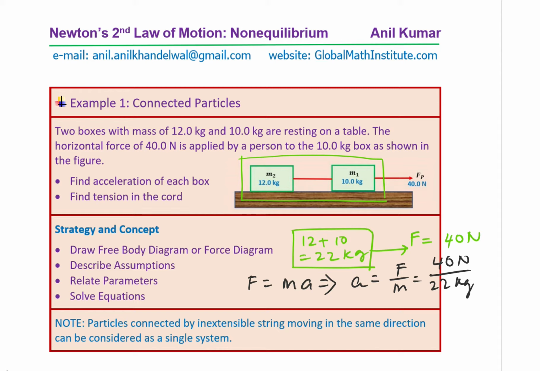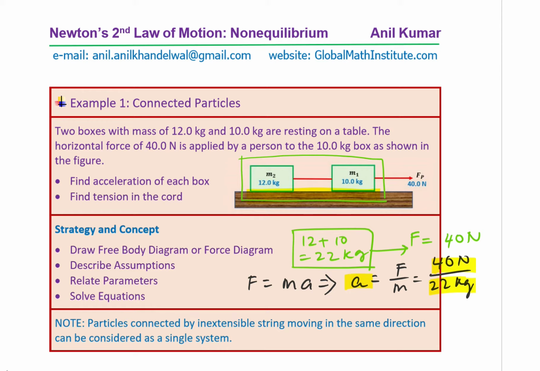That becomes the acceleration. Do you see how easily we could find the acceleration by just dividing the force by the total mass, which is 22 kg? This is very simple if you see that the two particles could be taken as one system.